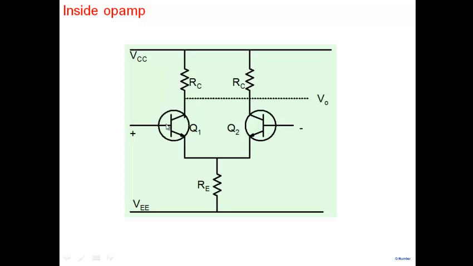Because of these mismatches, a voltage is generated here which is further amplified by the next stages, and because the op-amp has very high gain, eventually these mismatches cause the output voltage to go to plus 12 or minus 12. And because these mismatches are random in nature, when you are working with your op-amp, the mismatch may be such that the beta of Q1 is larger than the beta of Q2.